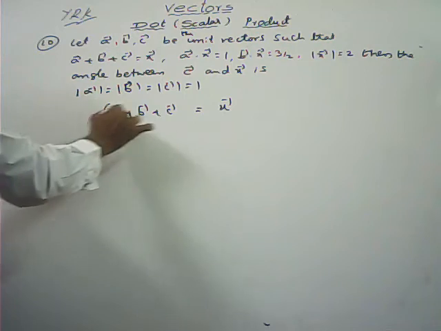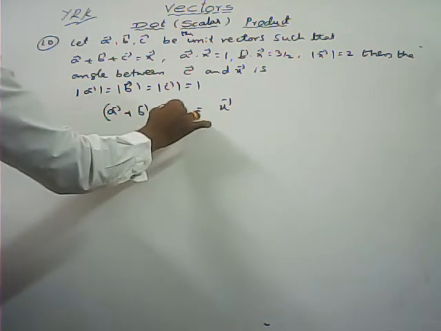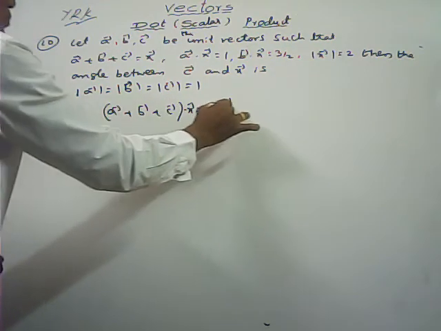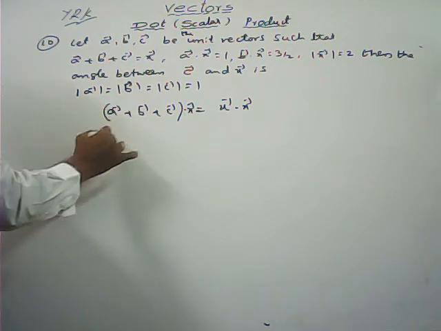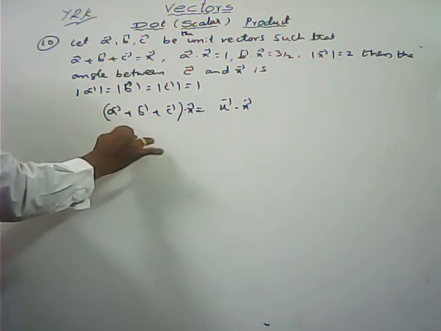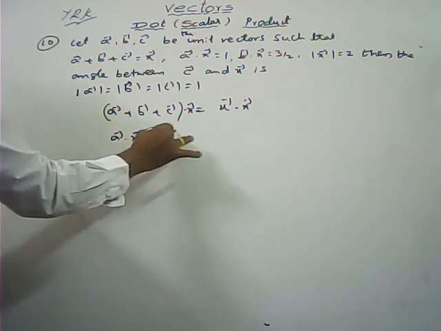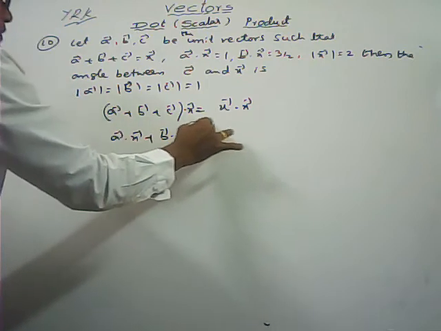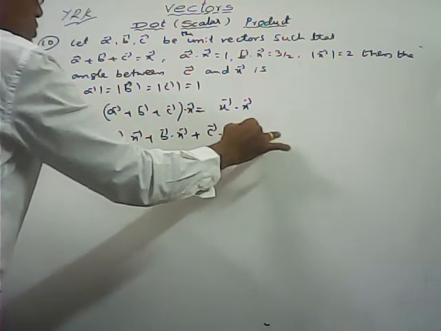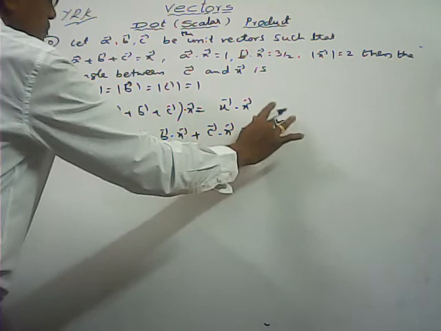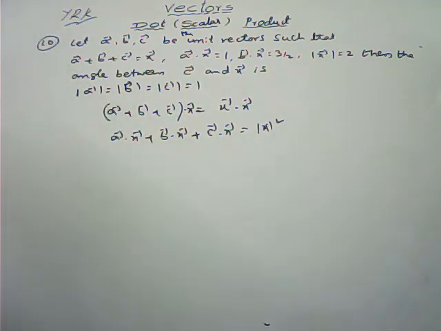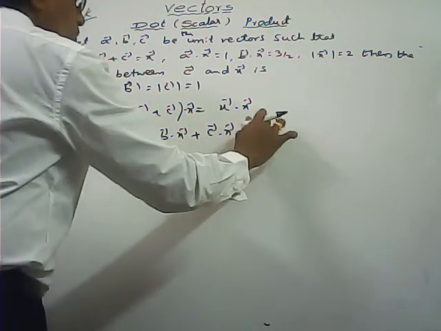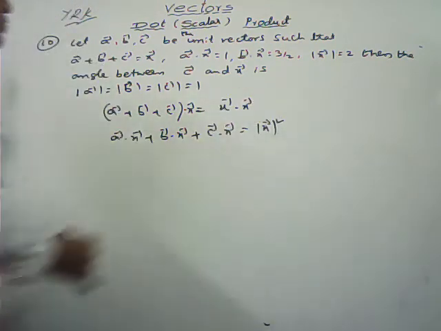Taking a dot product with x bar on both sides. Now a bar dot x bar plus b bar dot x bar plus c bar dot x bar is equal to modulus of x bar square. This is x bar dot x bar, that is modulus of x bar square.